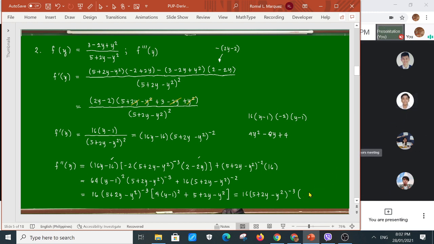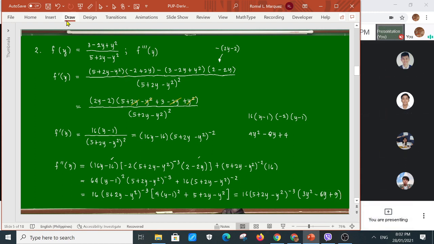What is the answer, John Paulo? 4y squared minus y squared, 3y squared. What else? Negative 8y plus 2y, negative 6y. And then last, plus 9. Can that be factored? There's a common factor there, right? Yes, it can still be factored.